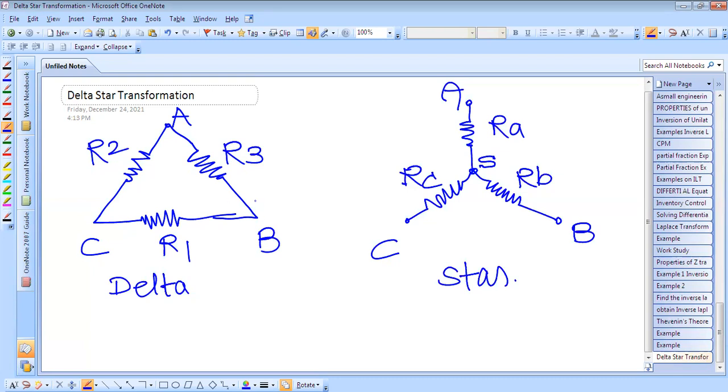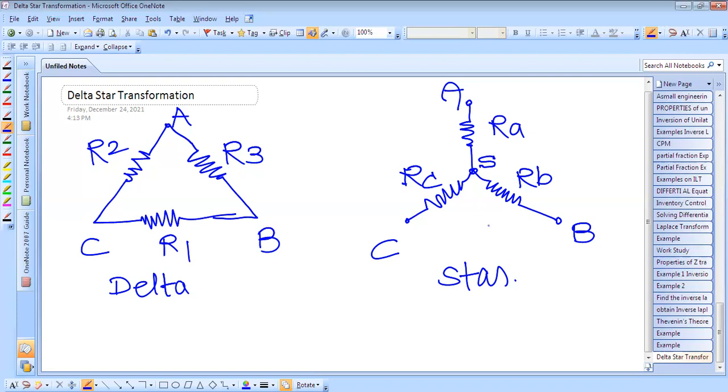Okay. And their numerical subscripts, that means 1, 2, 3, are opposite to the terminals A, B, and C. So it is possible to replace these delta resistors by three resistors RA, RB, and RC connected respectively between the same terminals A, B, and C, and a common point here, S. Okay.